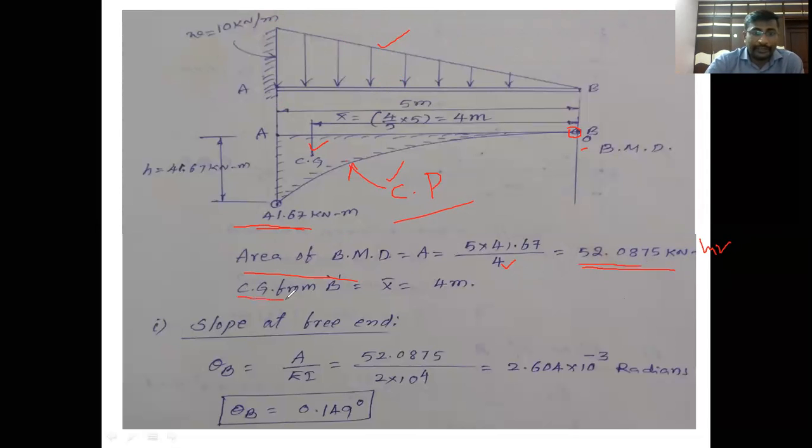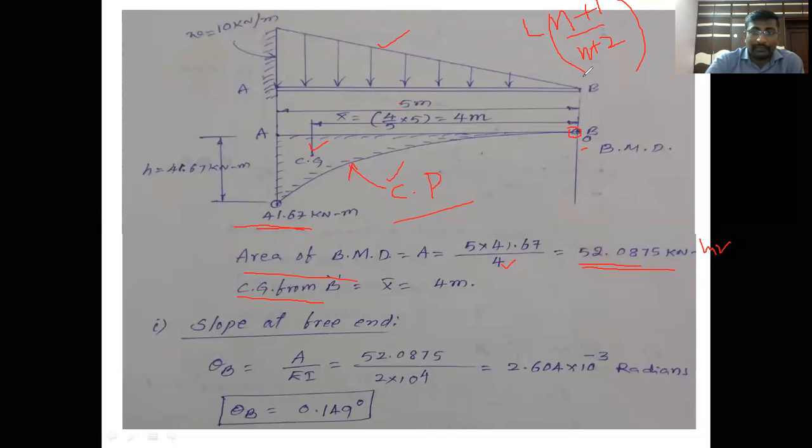Then how to locate the CG? What is the formula for CG? It is L into n plus 1 by n plus 2. This is the formula to locate the center of gravity from the apex. L here is the length of the beam, that is 5 meters. n is 3 for the cubic parabolic curve.